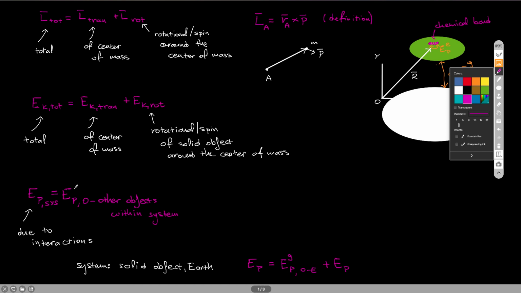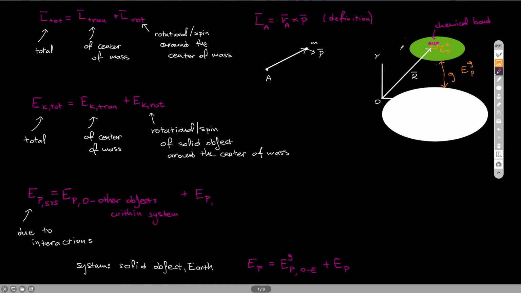The potential energy of interactions that your solid object has with other objects, like the Earth, within the system, plus the potential energy term that is about the interactions of particles within your object, because those are also part of your system.